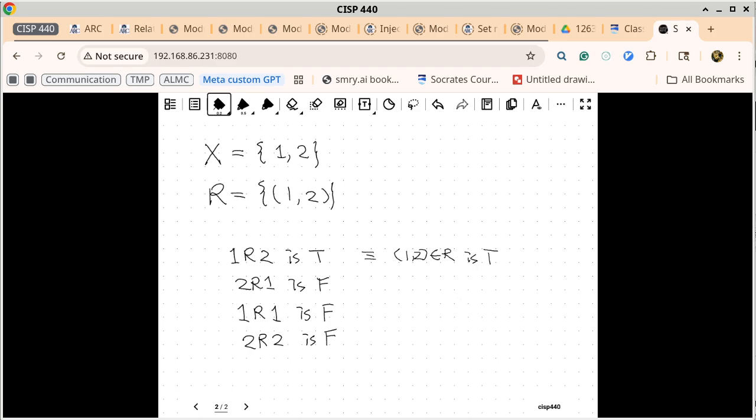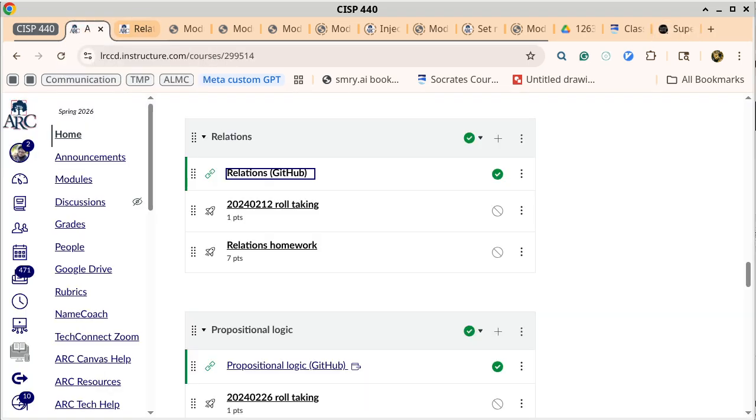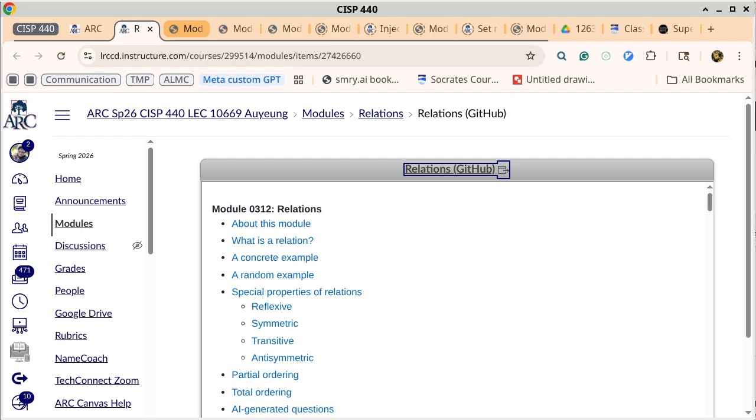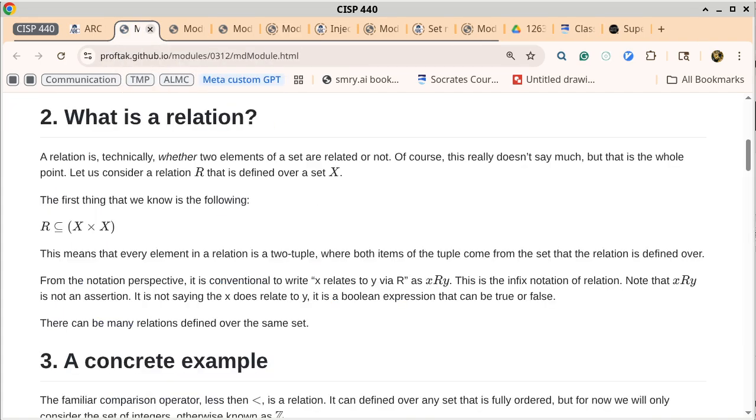So now that we have talked about the general notation of a relation, the next question is why is it useful in computer science? Because it looks pretty arbitrary as a definition. So the one thing that is really important in computer science is whether something is sortable.